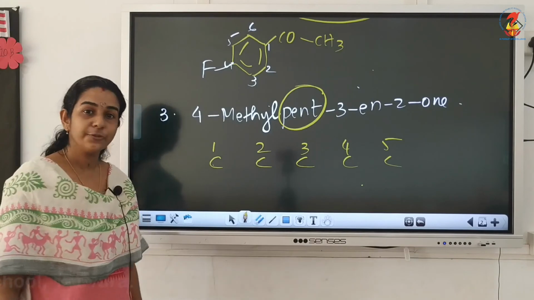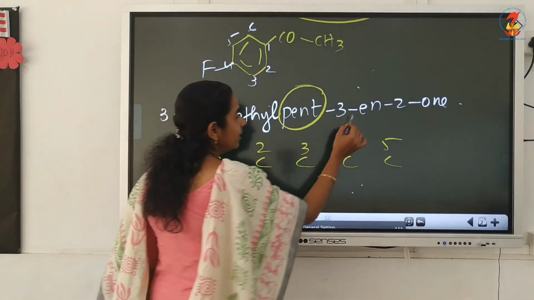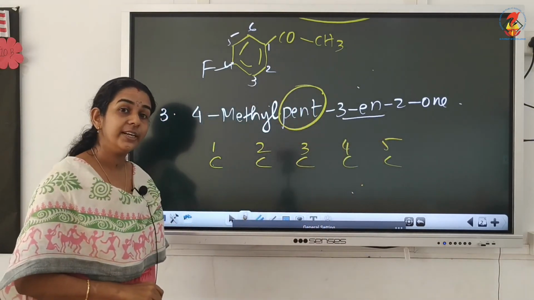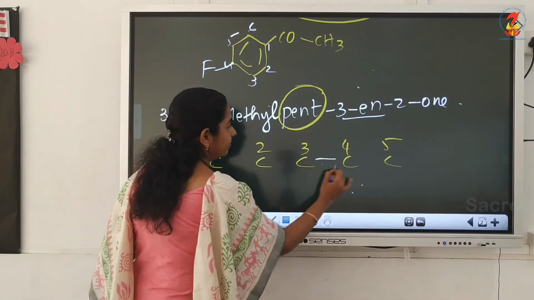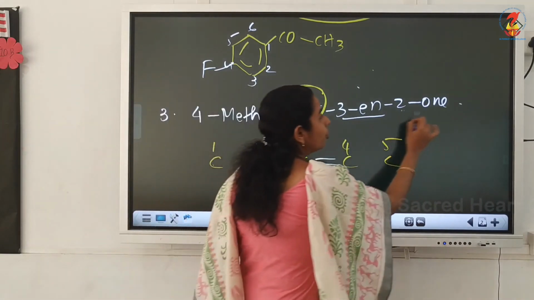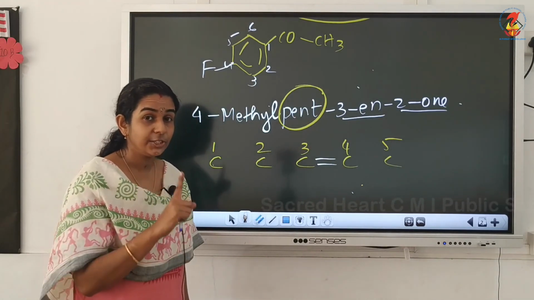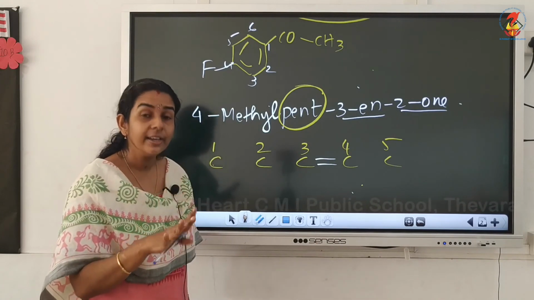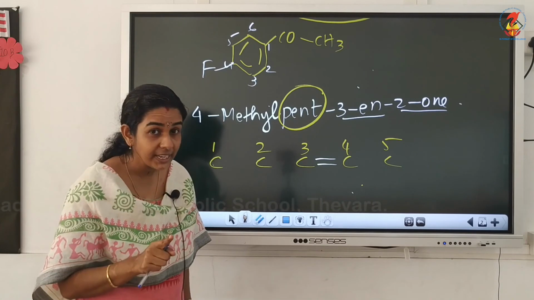Now write the suffixes. What is the first suffix here? We have 3-ene. That means there is one double bond between the third and fourth carbon. Now 2-one. One is a suffix we use for ketone. As I told you with aldehyde, 2-one doesn't mean that there is one keto group added on the second carbon. What does it mean?